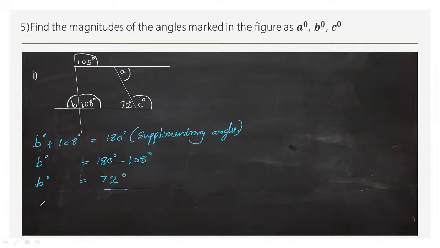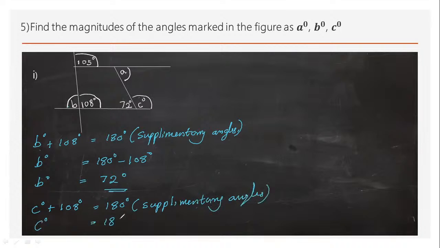Then let's find the C. C plus 108 equals 180. That is also supplementary angles. Then C angle equals 180 minus 108. C equals how much? 72.